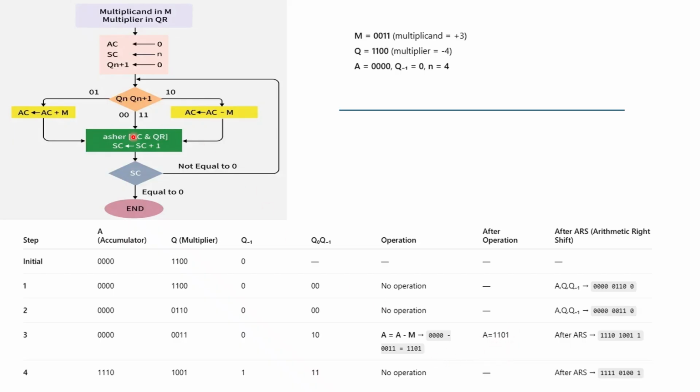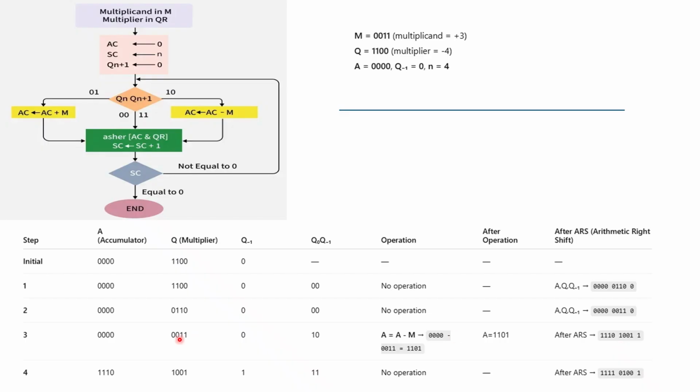Now again, after doing this operation, again we have to shift right, right? So once we shift right, what will happen? Here 1 1 0 1 will become triple 1 0, because there is another 1 at this position, that is Q naught. So this will be your triple 1 0.